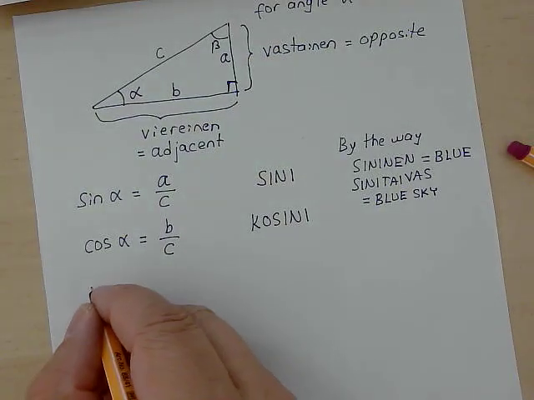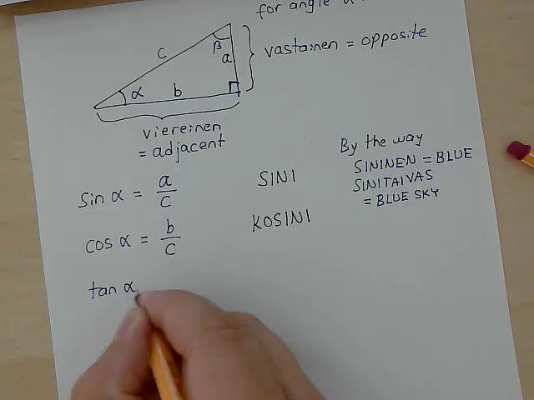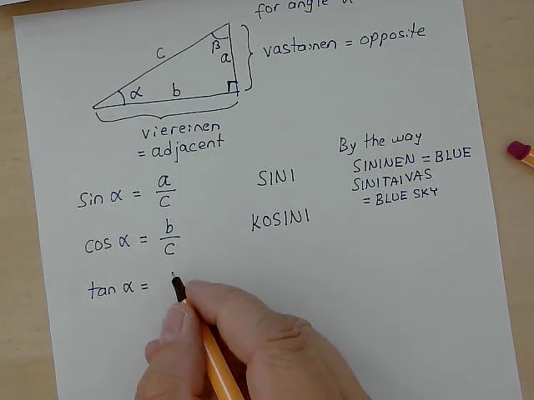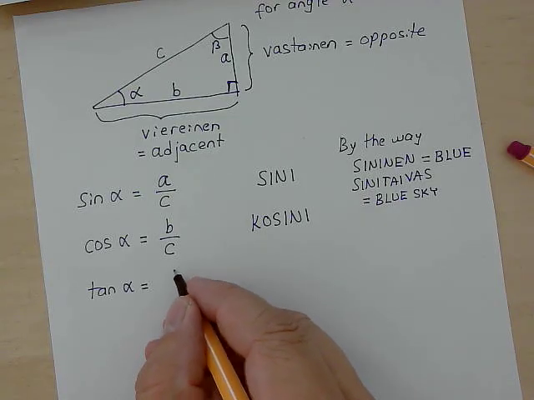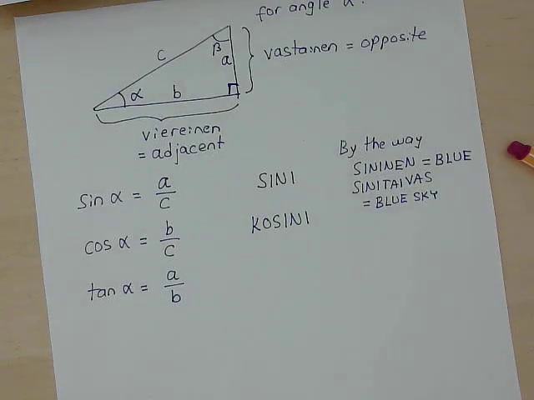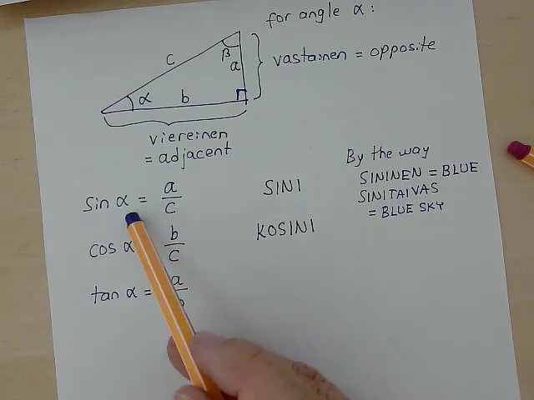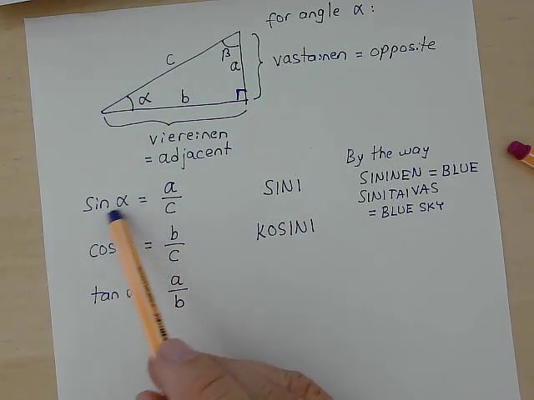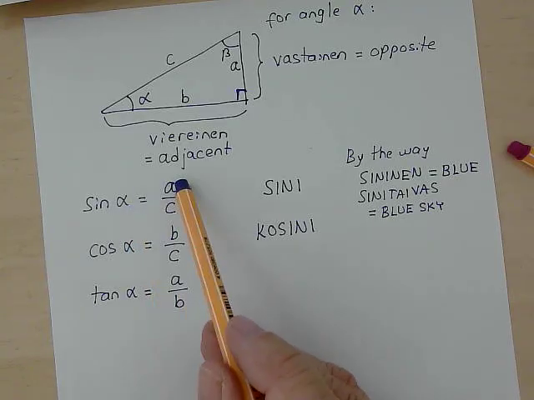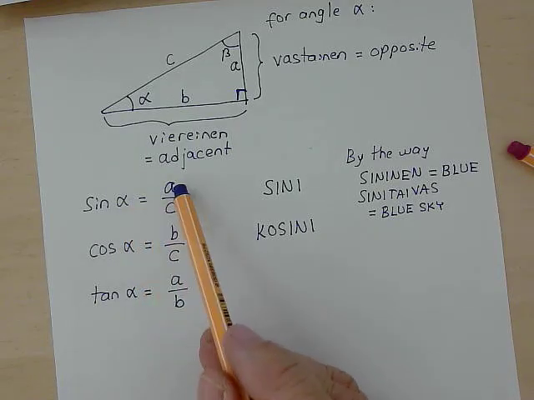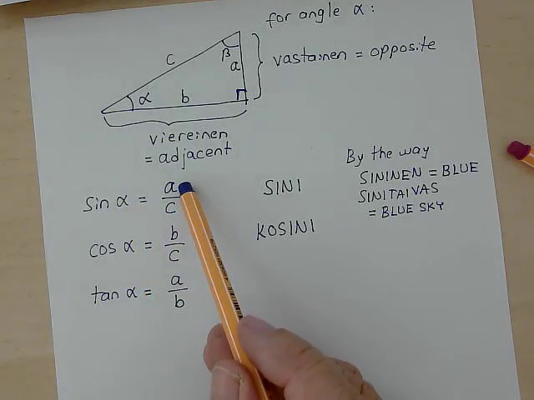And then we have tangent. A divided by B. If we use these letters here, mostly it's helpful to see that in sine or sinus we have alpha and here we have A. So we actually use the same letters, Greek letter and Latin letters.